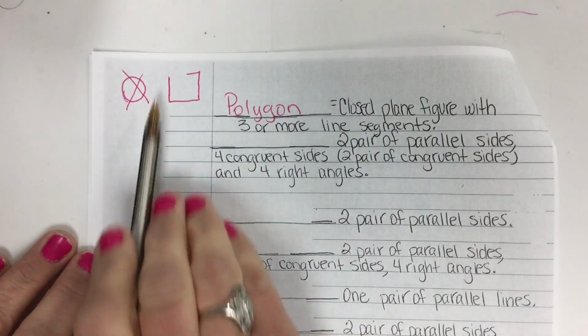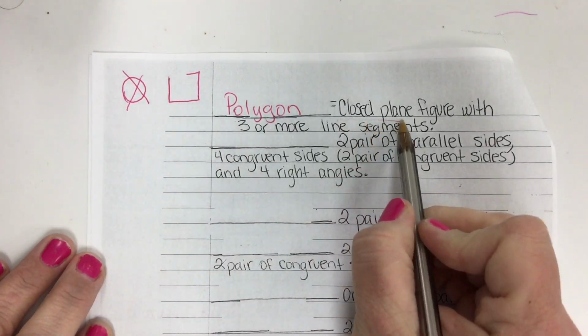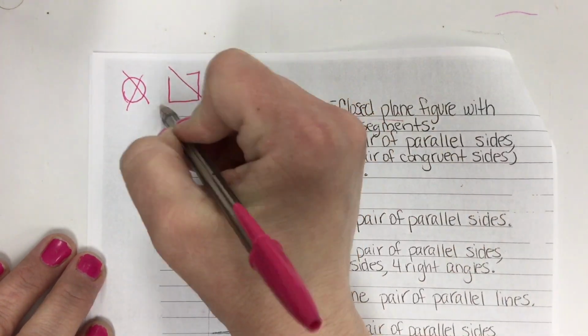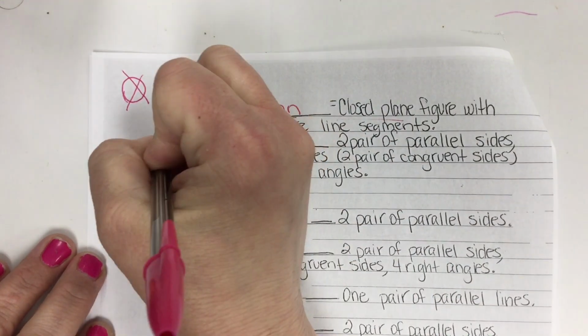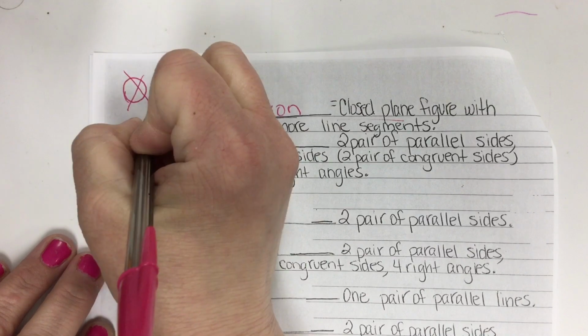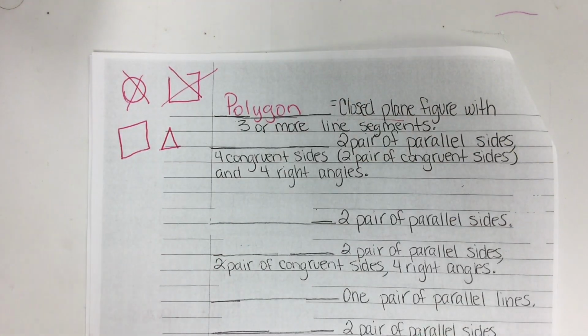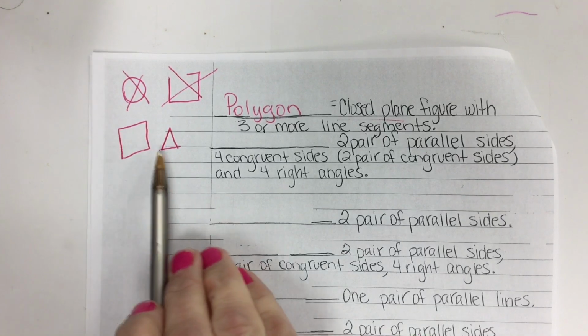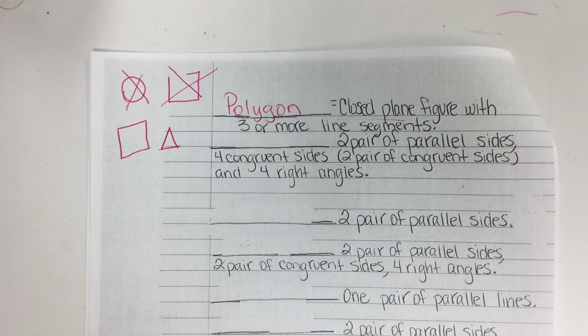That has 1, 2, 3, 4 line segments, but it is not closed. So it is not a polygon, okay? Polygons are your triangles, your quadrilaterals, hexagons, octagons, all of those, anything that closes, 4 sides, 3 sides, and up, anything that closes completely, okay?